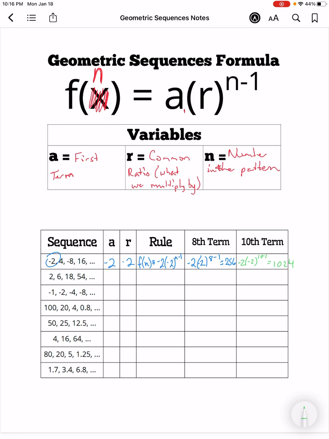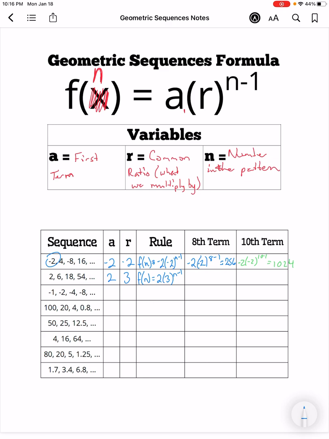Again, we're looking at the first term. So my first term is 2. To go from 2 to 6, 6 to 18, 18 to 54, I'm multiplying by 3. So again, my rule would be f of n equals 2 times 3 to the n minus 1.